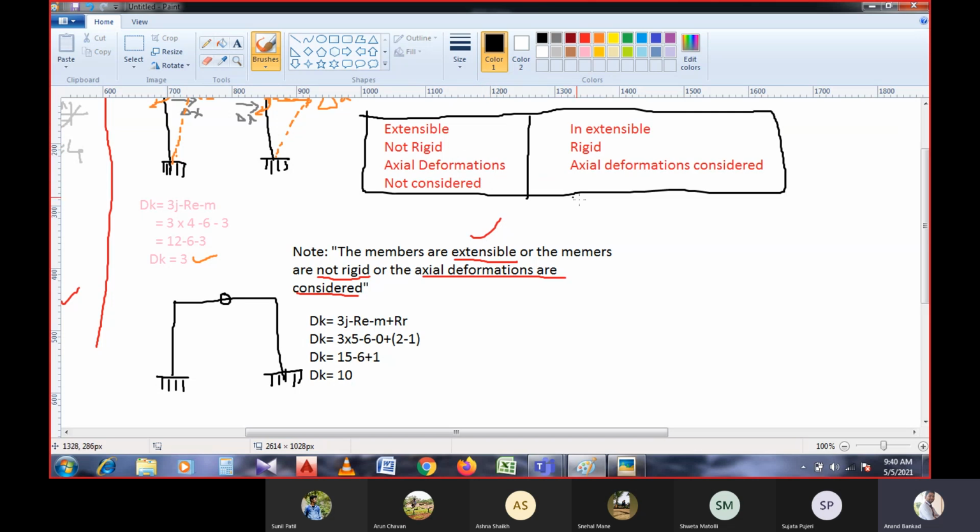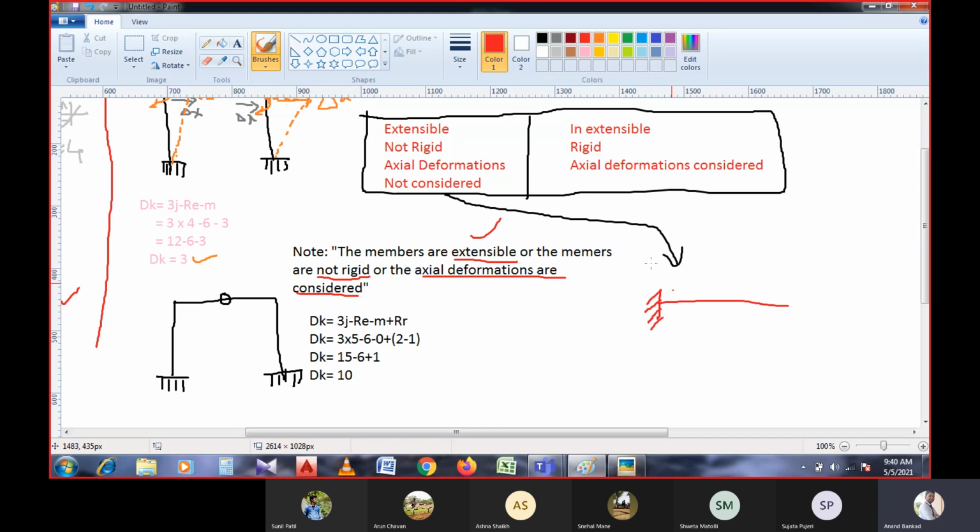Let me explain by considering a member with a support at this end.